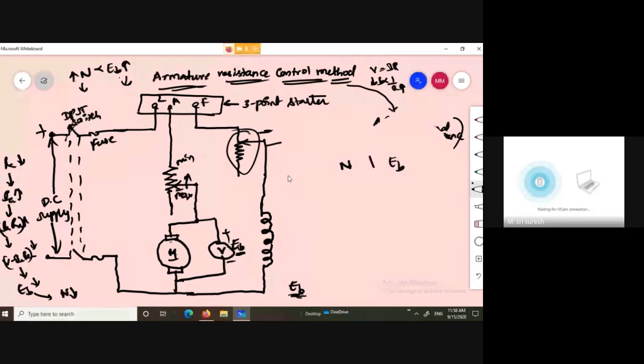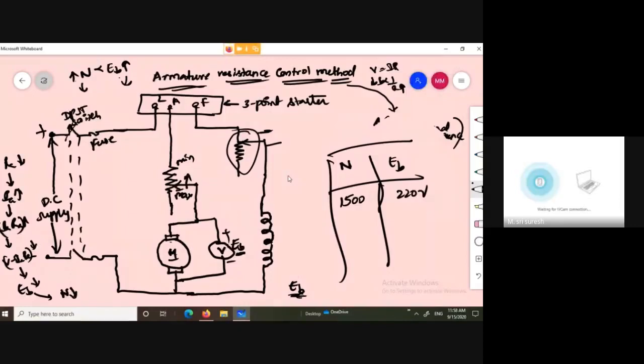Here you are noting down the speed and Eb value. This is the table. At the starting value, what is the Eb value? Eb value is maximum, which is, for example, 220. Speed value is nearly equal to rated speed. That is a maximum value.